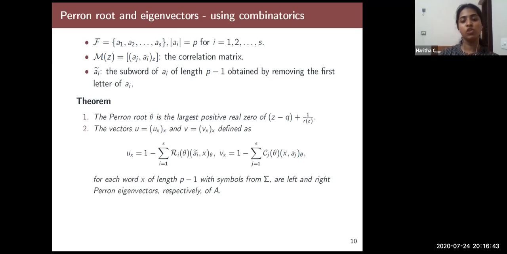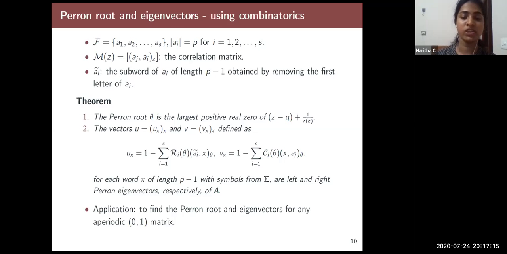And the vectors U and V are defined as U_x equal to this and V_x equal to this, where these things come from the correlation between the forbidden words. For x of length p minus 1, U and V are the left and right Perron eigenvectors of A. So now note that Perron eigenvectors are indexed by the words of length p minus 1, hence x is a word of length p minus 1.